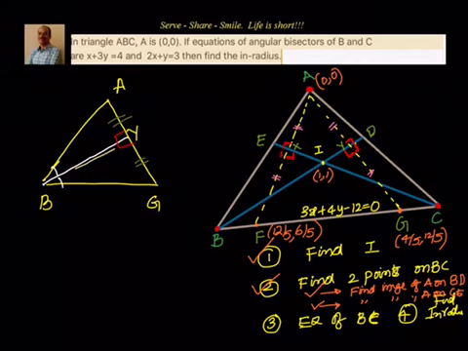So with this logic we can understand why we have gone ahead with finding out the image of A. We went with the image of A on the angular bisectors because we know that there is a congruency existing, and when we take an image it will be exactly a point on the opposite side. The proof is here, what we have gone through.